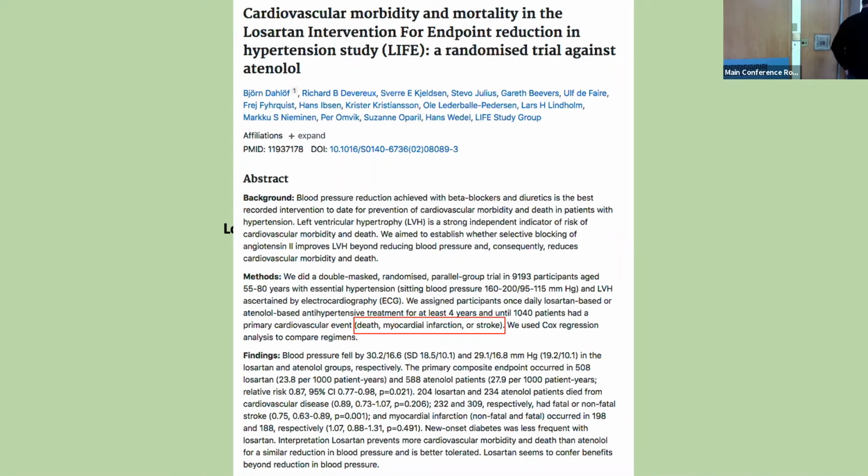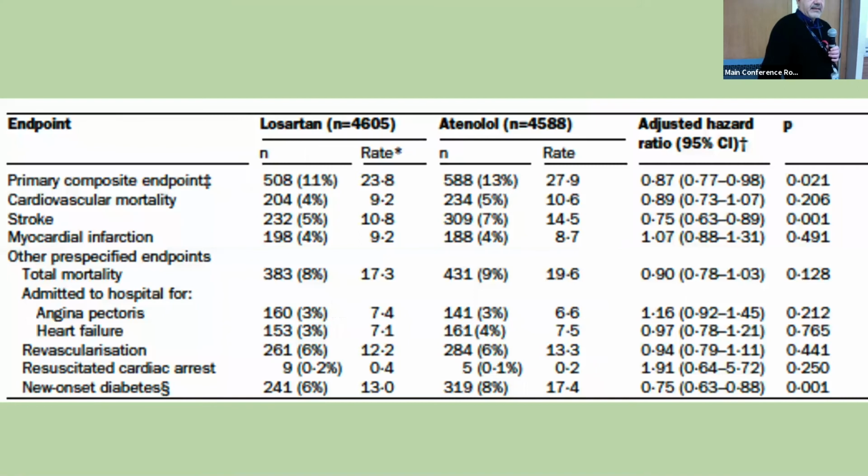And they showed that losartan reduced the composite outcome significantly. The elements of composite outcome, they all make sense, right?